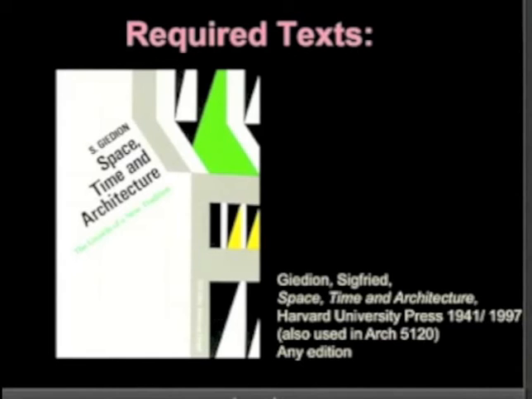So Giedion was palling around with all the high modernists, friends with Corbu, friends with Mies van der Rohe, friends with Gropius, friends with Aalto. And so he's knocking back vodka and saying, Aalto, I really like the way you respond to landscape. Keep pushing that. That's a great idea. Or Corb, this mechanical metaphor that you're using. Great idea. Keep pushing it.